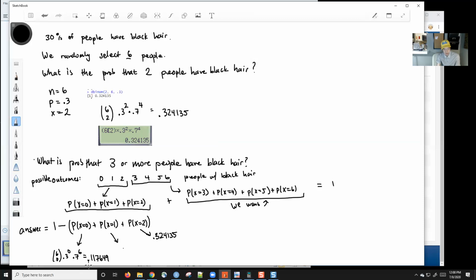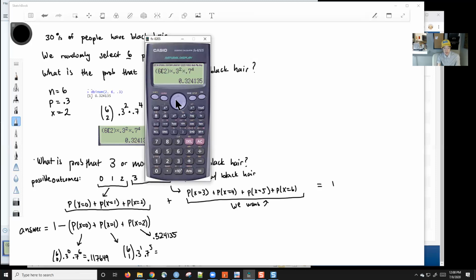And then the probability that x is 1 is 6 choose 1, 0.3 to the 1, 0.7 to the 5. So I enter that and I get 0.3025.